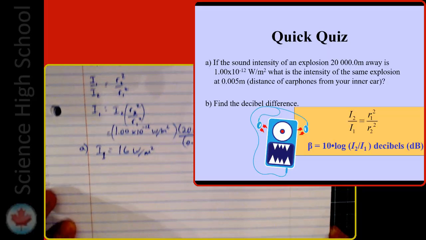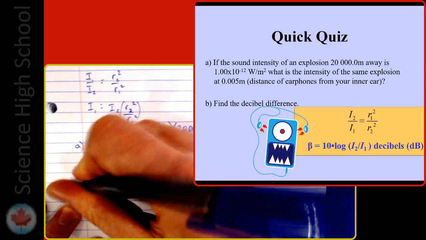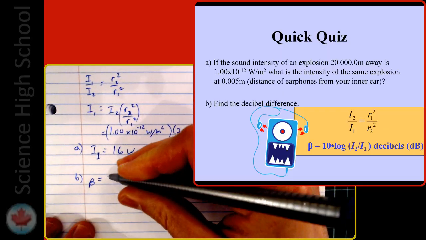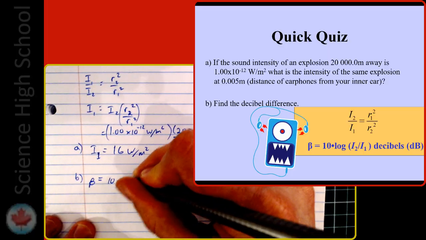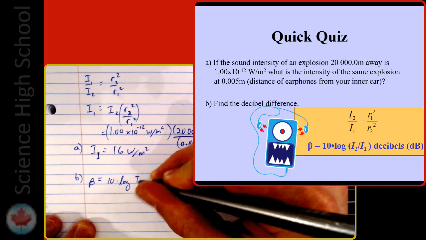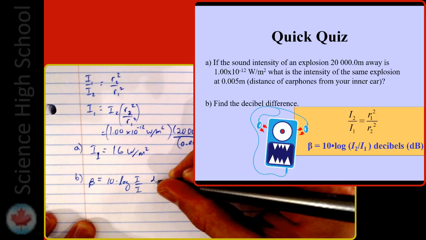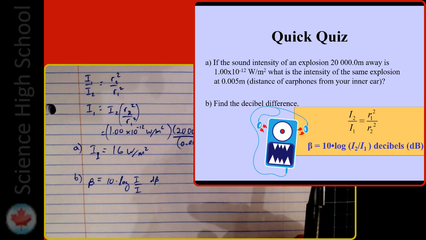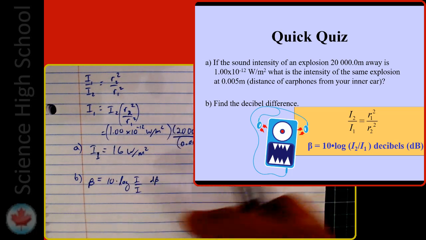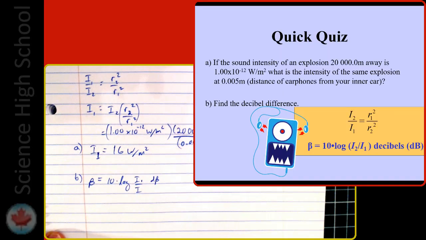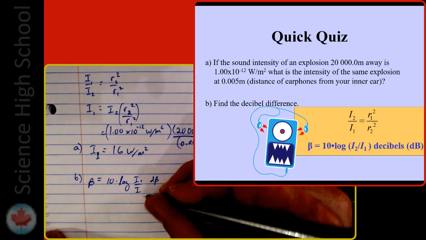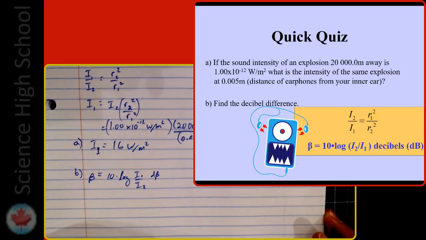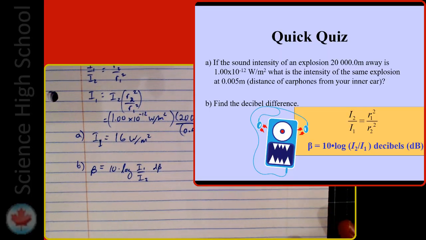All right, so for B, the formula goes decibels is equal to 10 times log of I over I. In this case, and I said this earlier, it's often fruitful to just talk about the larger value as being in the numerator and the smaller value as being in the denominator, just because it will give you a positive value for your decibel calculation. You can try the reverse and you'll see what happens.